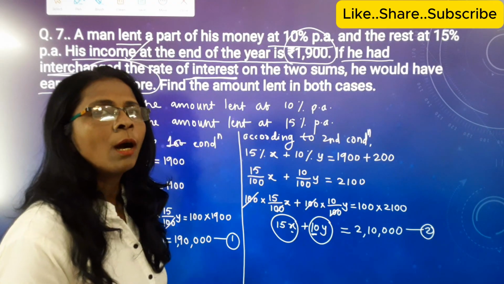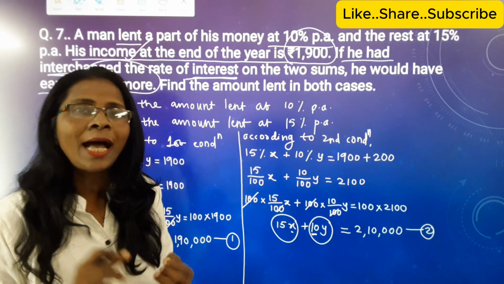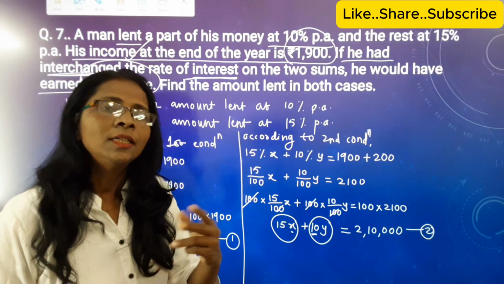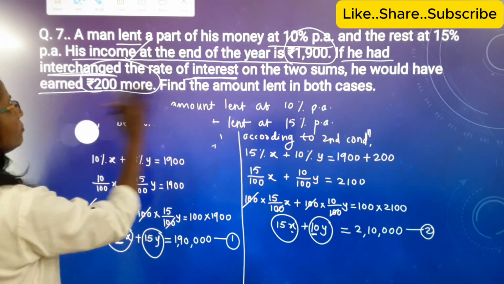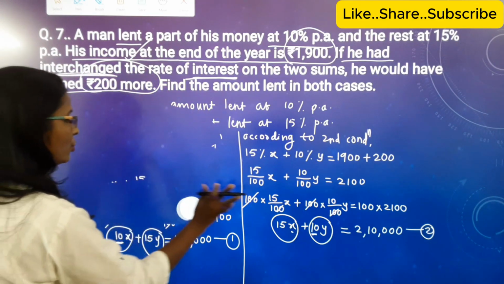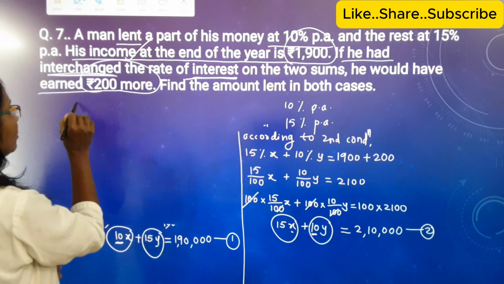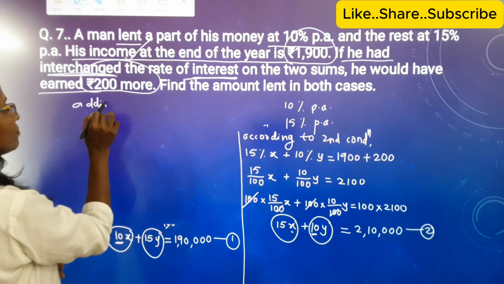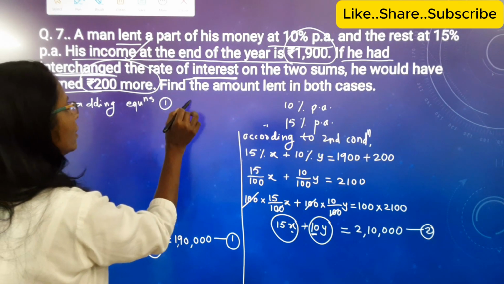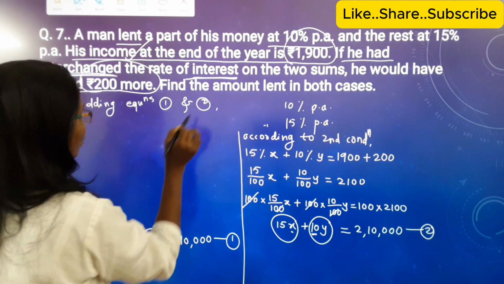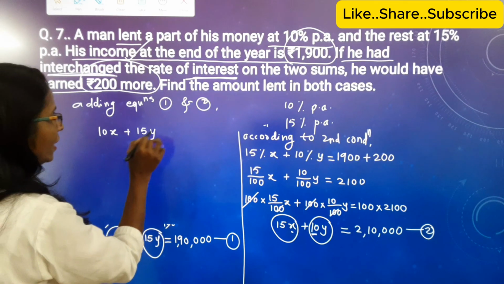So our method, our process, is that first we do the addition, then the subtraction. So first we add these two equations. Here I write: adding equations 1 and 2.